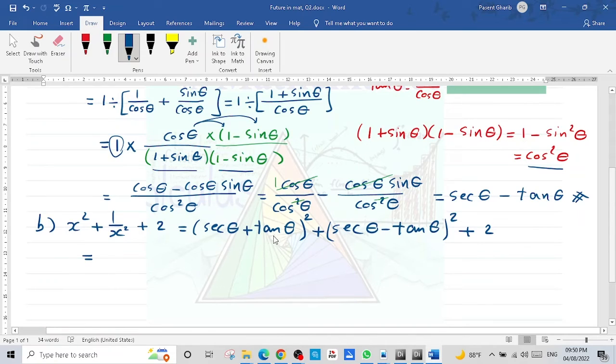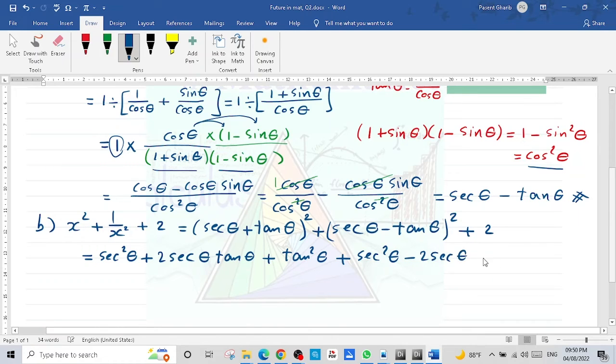Sec plus tan all squared: first term squared, sec squared theta; first times second times 2, 2 sec theta tan theta; plus second term squared, tan squared theta. The second bracket is the same, but the middle term will be negative. So it will be sec squared theta minus 2 sec theta tan theta plus tan squared theta. Finally, this plus 2.